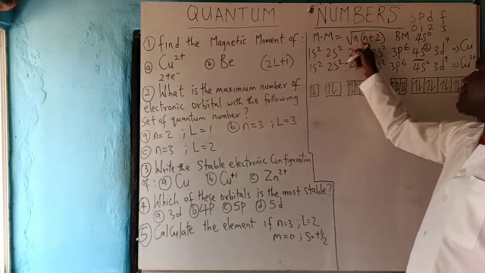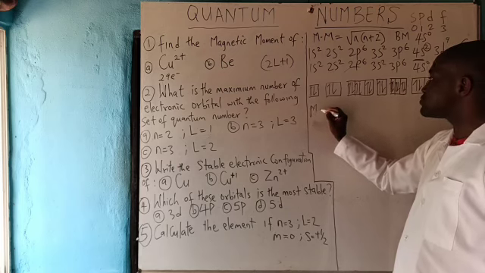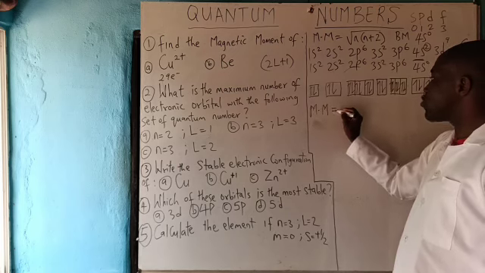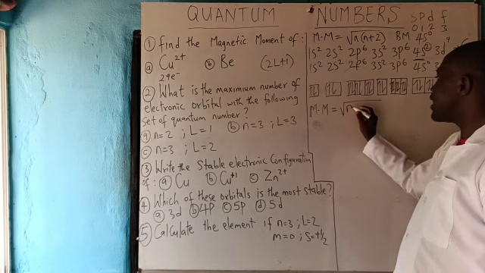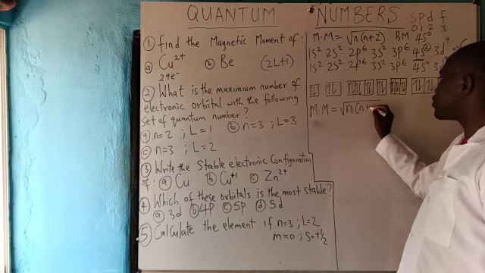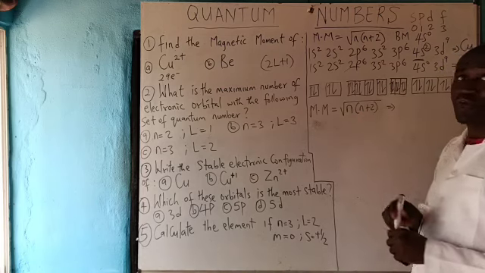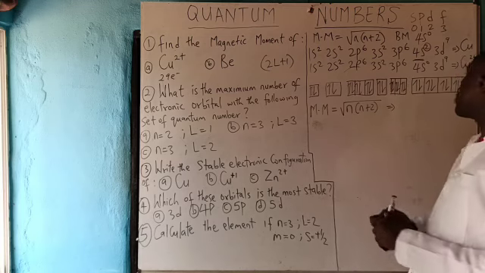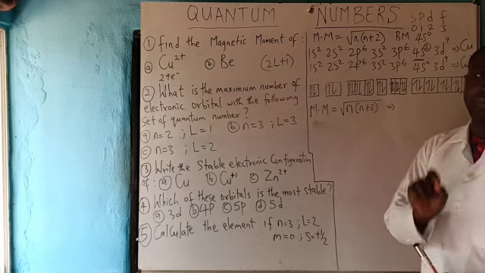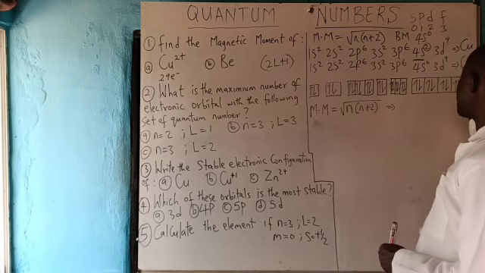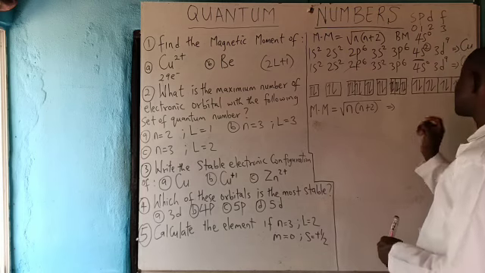And because it has only one unpaired electron, we will now say that the formula for the magnetic moment will be equal to the square root of n bracket n plus 2, where n is the number of unpaired electrons, that is, how many orbitals have an unpaired electron.